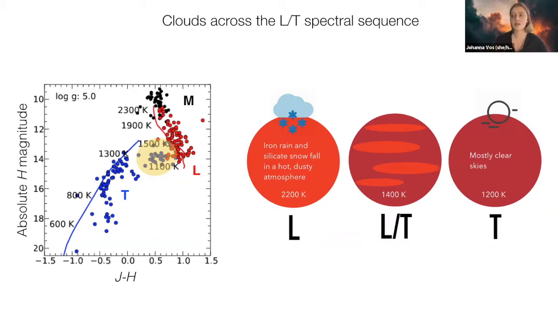During this transition, the clouds are thought to break up, become patchy, and gravitationally settle below the photosphere. So my cartoon version of an LT transition appears to have these patches of clouds in its atmosphere. My research really focuses on trying to detect and characterize these patchy clouds so that we can learn more about the atmospheres of both brown dwarfs and giant exoplanets.